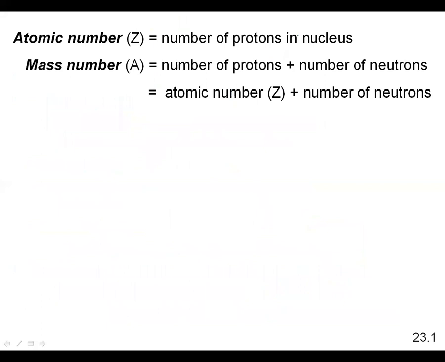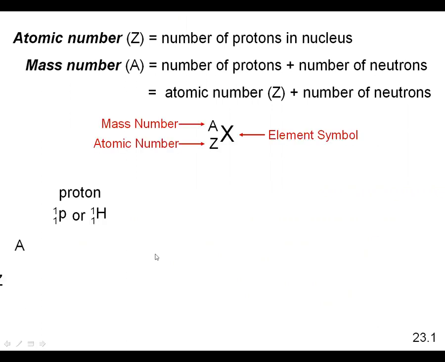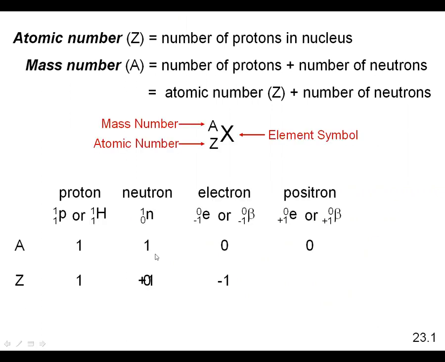And this brings up two important things when we write these symbols, and that is the atomic number and the mass number. The atomic number is the number of protons that you find in the nucleus of an atom. That is sometimes abbreviated with a Z, and that is found on the periodic table.